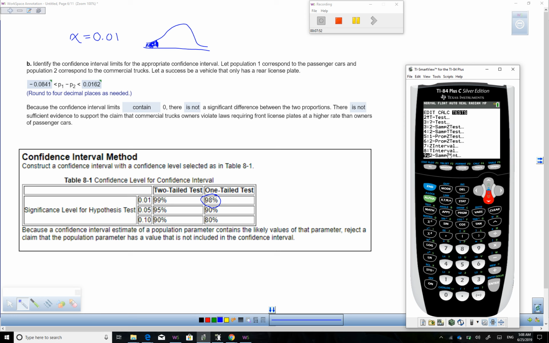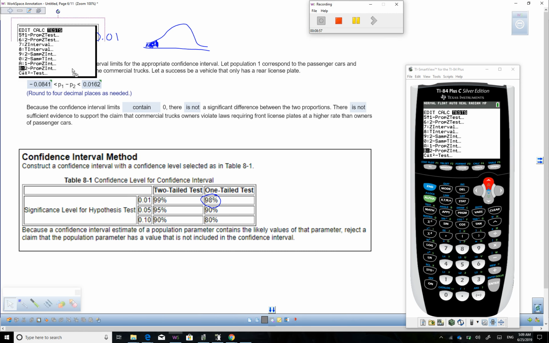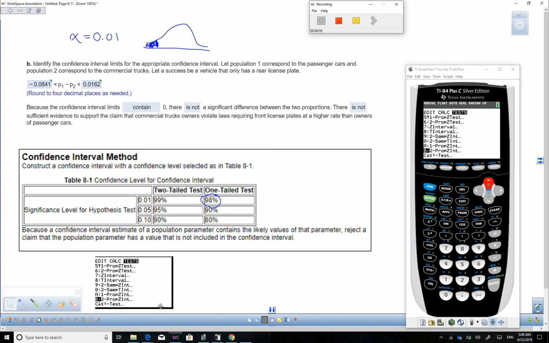It's the one that says 2-PropZInt, right here. Let me capture that image. Again, we select the one that says 2-PropZInt.